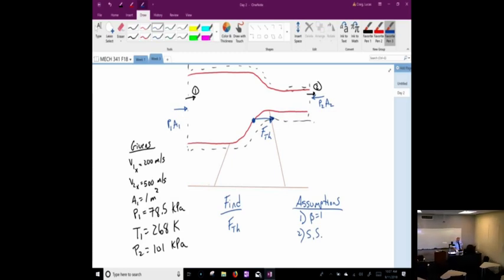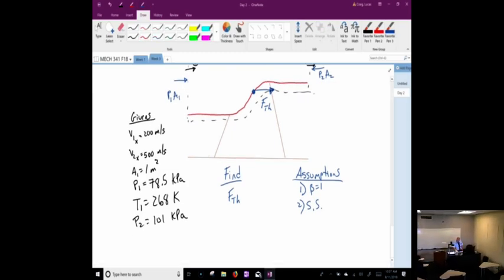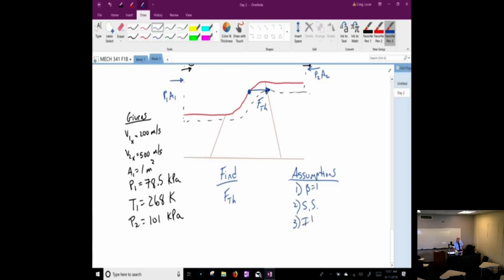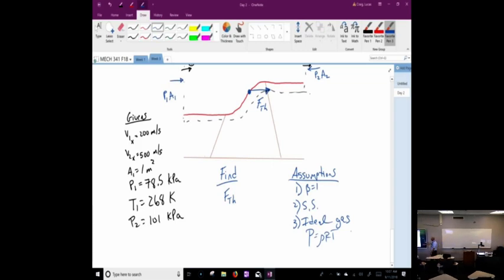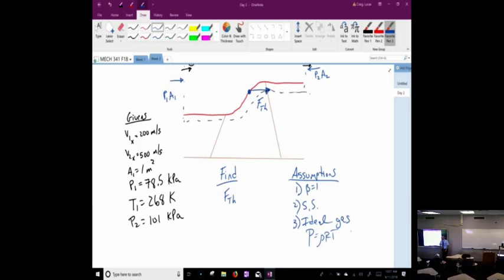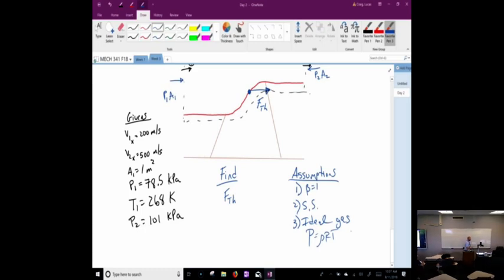Actually, we're going to use the ideal gas. P equals rho RT. We're going to write that later, so don't write that in your notes. I don't want that in the assumption there. I just want ideal gas. Perfect gas, remember that?